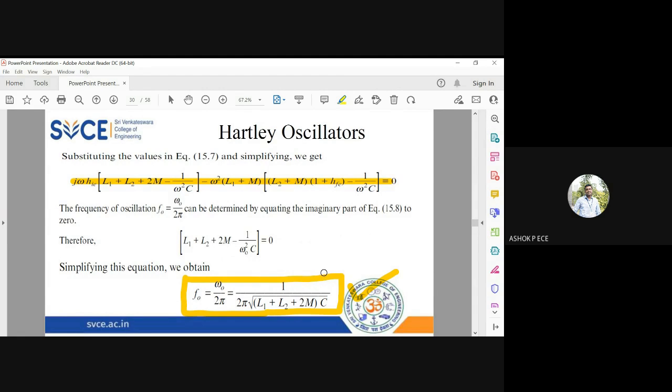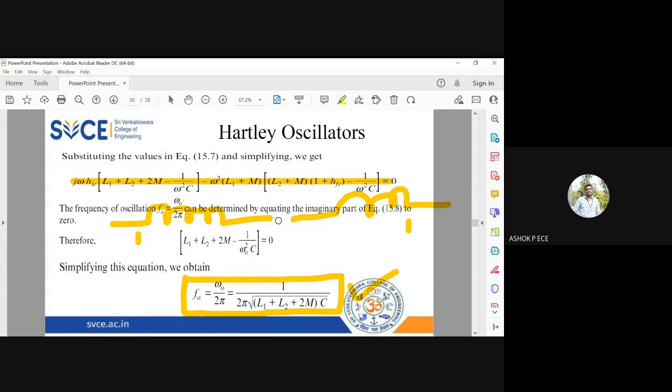If the windings have a different dot notation, which means, see here, if the current entering through one inductor is here and the current entering through the other inductor is here, then you will get plus 2M. If the current entering L1 is here and the current entering the second inductor is here, then the dot conventions are different, so you get minus 2M. L1 plus L2, you can get plus or minus 2M. Plus is for the same dot convention, minus is for the different dot convention.